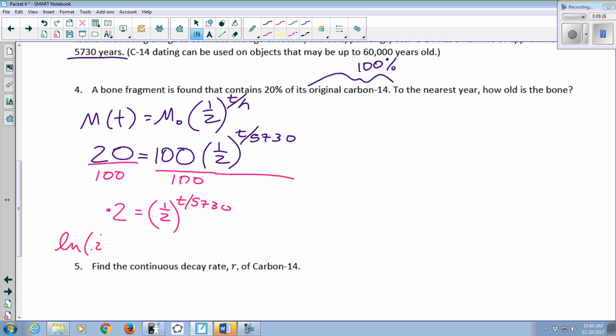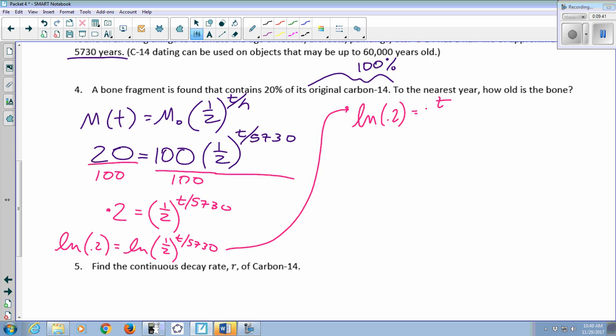The ln of 0.2 equals the ln of 1/2 to the t over 5,730. Then I can take my exponent and bring it down in front of my log. So the ln of 0.2 equals t over 5,730 times the ln of 1/2.